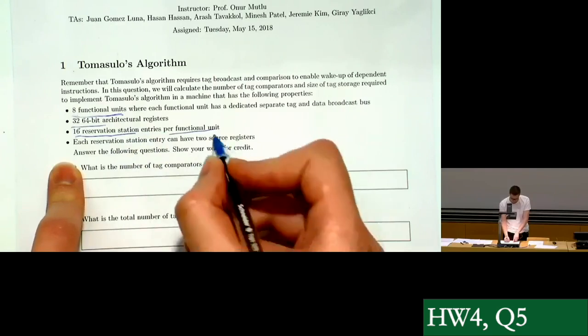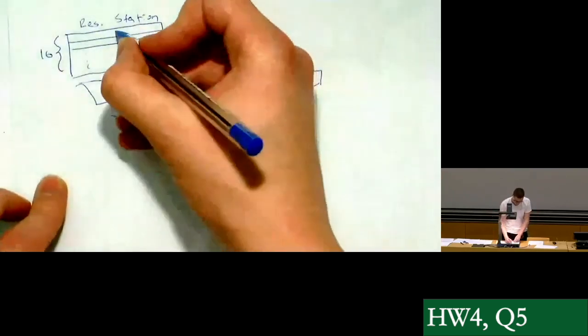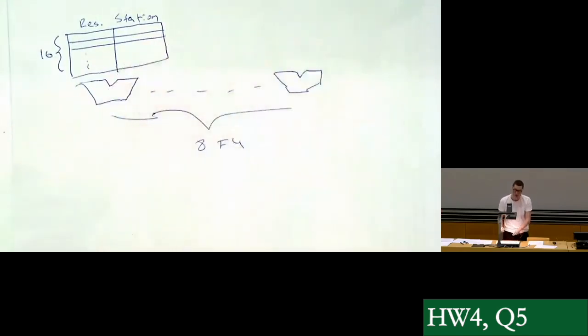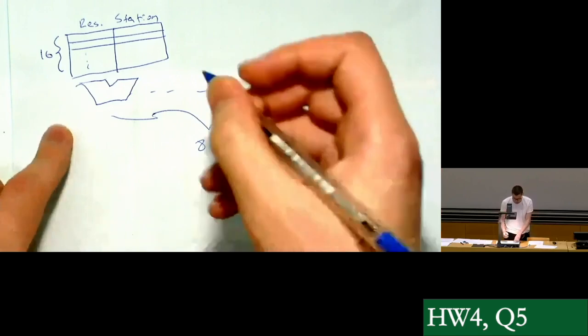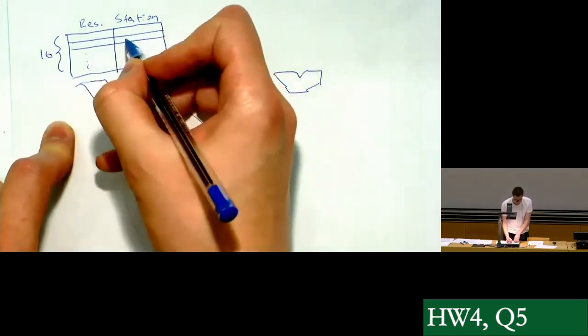And importantly, each entry in the reservation station can hold up to 2 source registers. This is exactly the same reservation station that we had in the slides during the lecture. Basically, here we have 2 source operands, right?